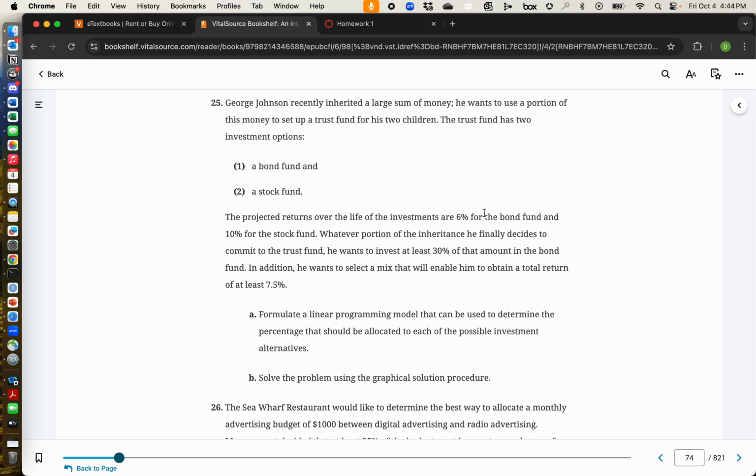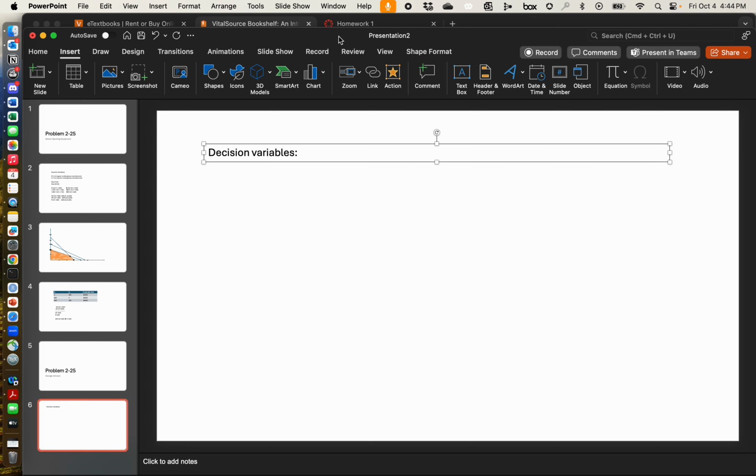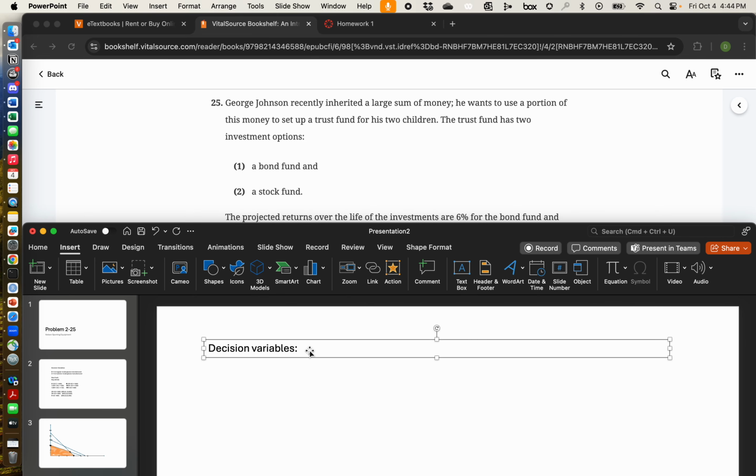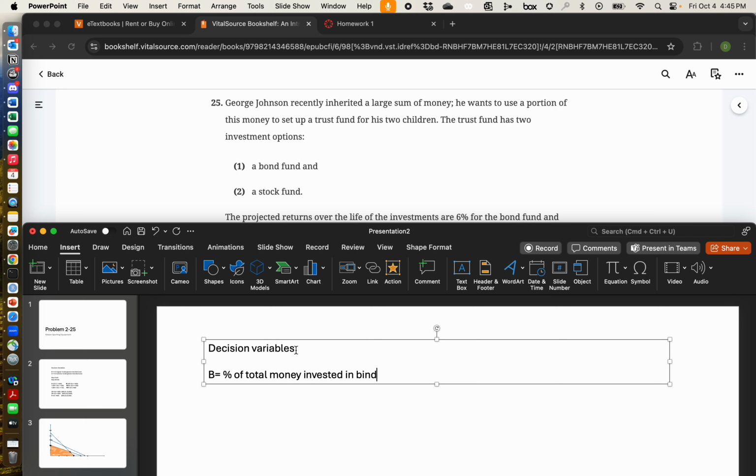All right. Okay, so let's set this up first. It's actually not going to be that difficult. So let's begin here. For the decision variables, there are going to be two decision variables. This is one of those things where percentages is what you're going to use. So I'm going to say B is the percent of total money invested in the bond fund, right?